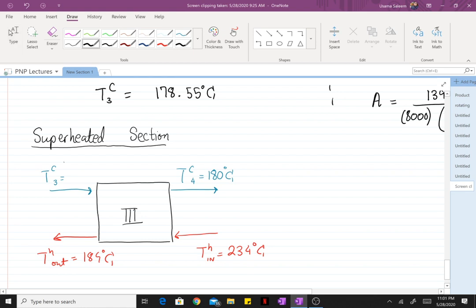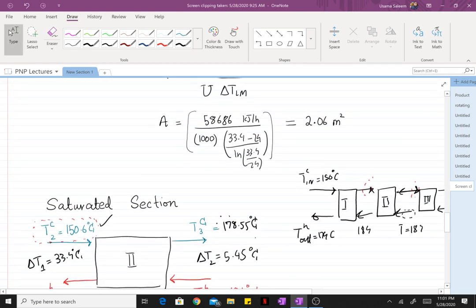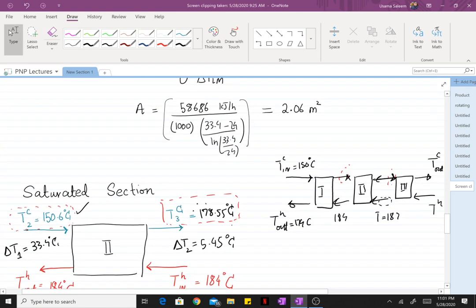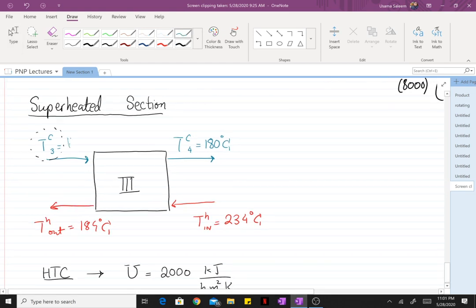Okay, the temperature at which the process stream is entering the superheated section is going to be the same as the temperature at which our process stream is leaving the saturated section, this stream right here. Earlier we were able to calculate that, which turned out to be 178.55 degrees Celsius.